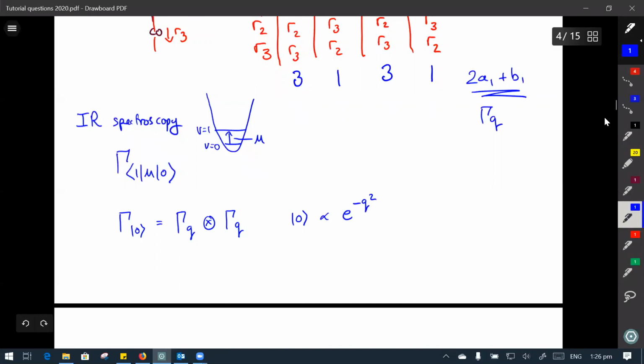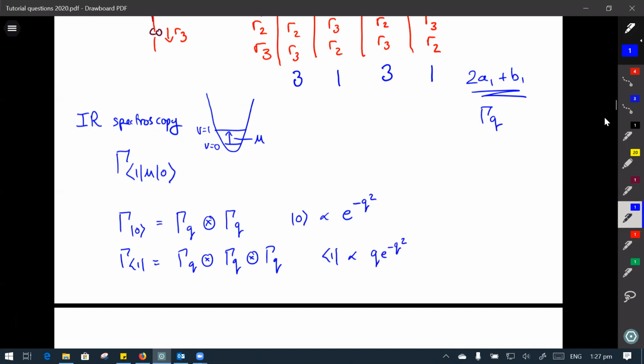And also the symmetry of 1 is equal to the symmetry of Q times the symmetry of Q times the symmetry of Q. That's because the first wave function is proportional to Q e to the minus q squared. So that's where that symmetry idea comes from.